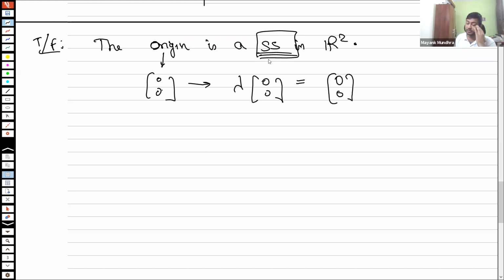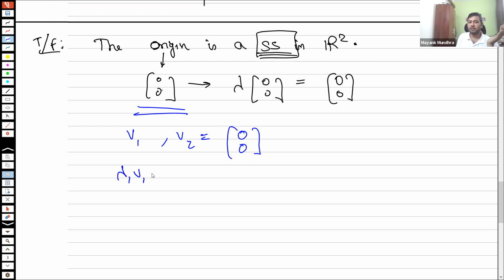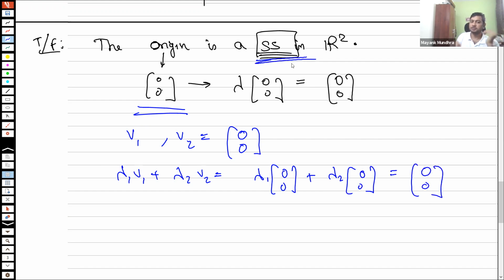So any linear combination, now the question is that there's only one vector in this subset. The only vector that I have is 0, 0. So I cannot check for linear combination, but then v1 and v2 can both be 0, 0. They both will be 0, 0. And then lambda 1 v1 plus lambda 2 v2 will be lambda 1 times 0, 0 plus lambda 2 times 0, 0, which will still be 0, 0, which is the subspace.